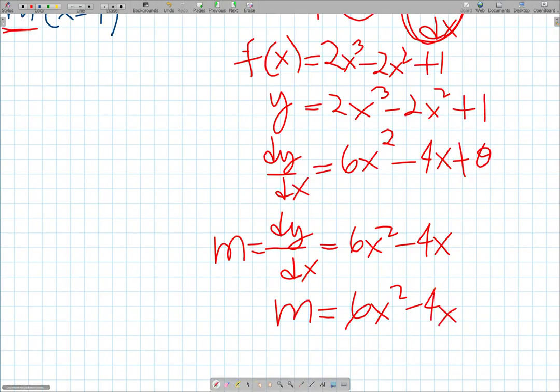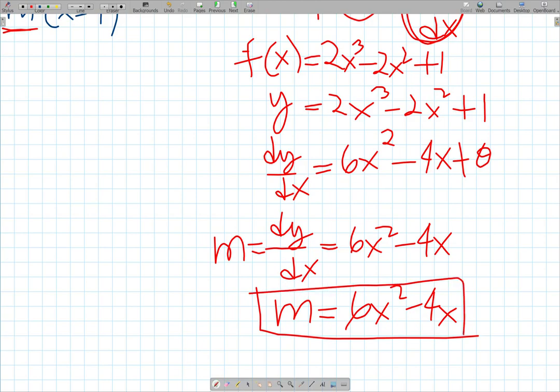Okay? Yan. So, slope ng ano ito class? Is this the slope of the curve na nasolve natin or slope ng tangent line? Is this the slope of the curve or the slope of the tangent line? Saan ba galing ito, class? Galing ito sa equation ng curve.